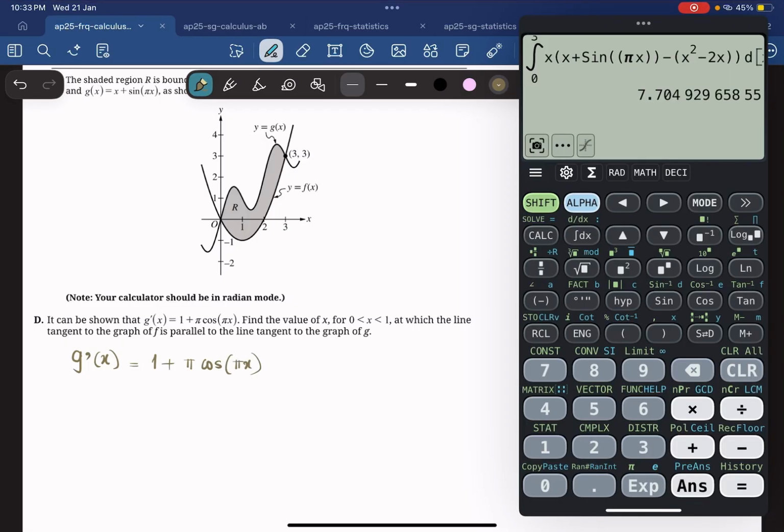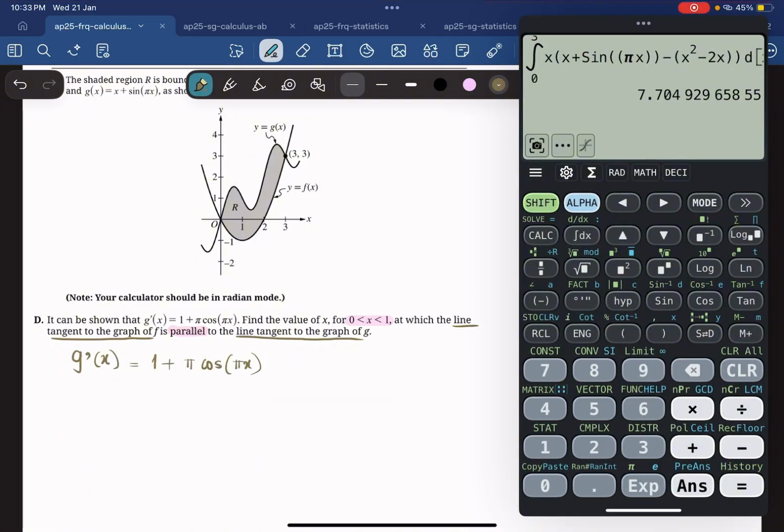Find the value of x between 0 and 1, okay, at which the line tangent to the graph of f is parallel to the line tangent to the graph of g.